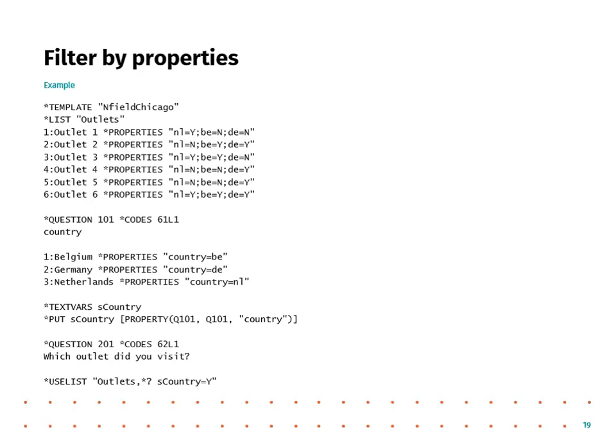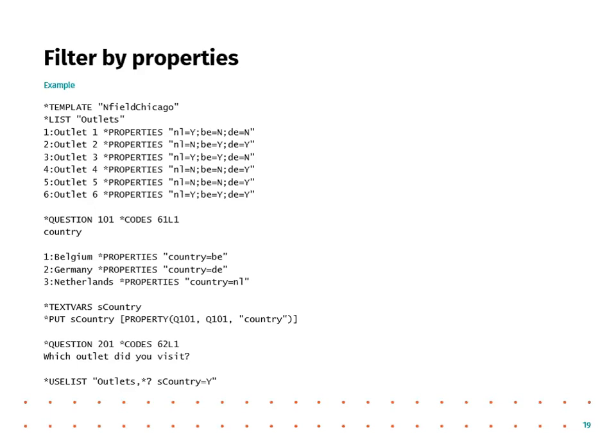Then I can first ask for a country, and there you can see I also give a property to the different countries, which in this case, the country property of this question 101 coincides with the properties I have in my outlet list. So for Germany, I don't use Germany in my list, but I use country equals DE.